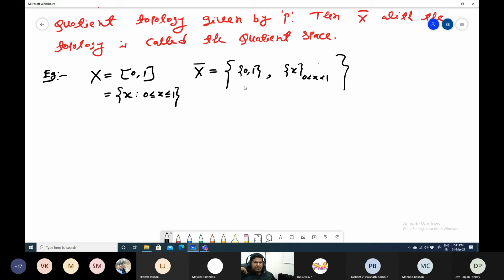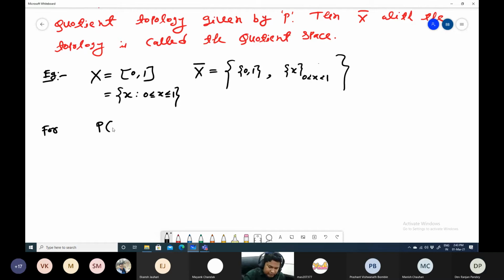Is that clear? The sets x and x bar are both clear, two sets, understood? Yes or no? Yes. Okay.